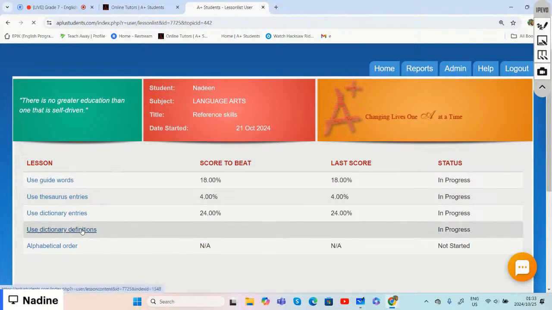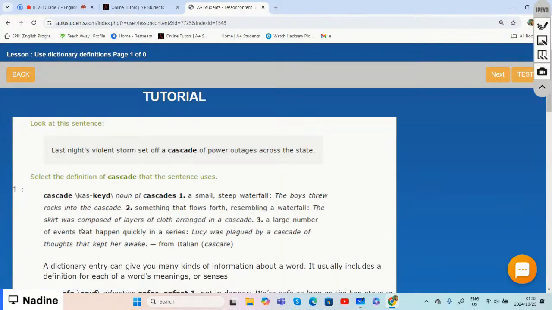So now we're going to use dictionary definitions, right? When it comes to a dictionary, remember we said that depending on the number of definitions there are, you'll have the definition plus the sample sentence of it, right?